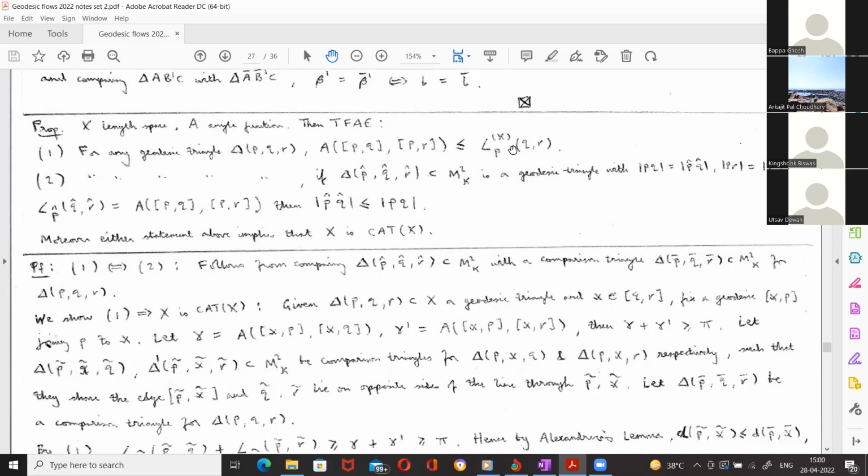And two, for any geodesic triangle PQR, if P hat, Q hat, R hat is a triangle in M2 kappa with distance PQ equal to distance P hat Q hat, and distance PR equal to distance P hat R hat, and if the angle at P hat between Q hat and R hat is equal to the angle function between PQ and PR, then the distance Q hat R hat is less than or equal to the distance QR.